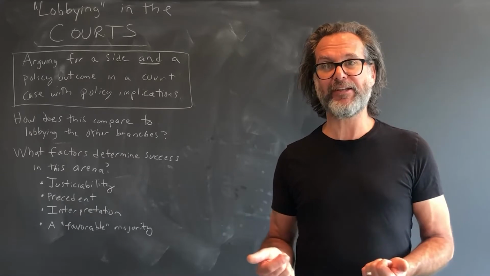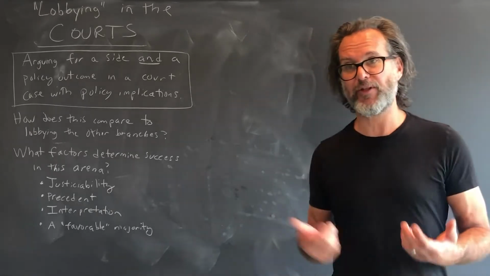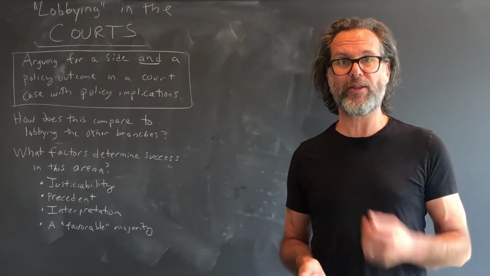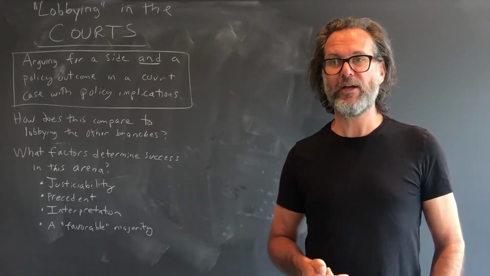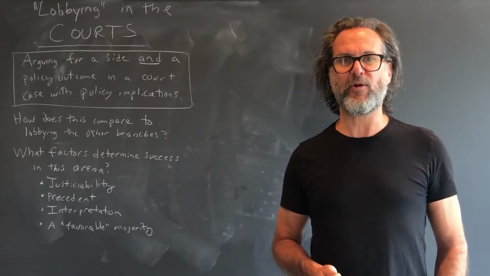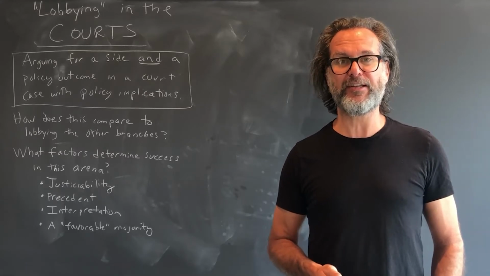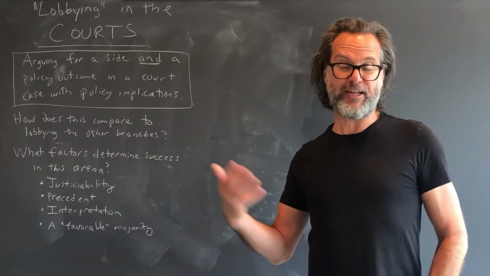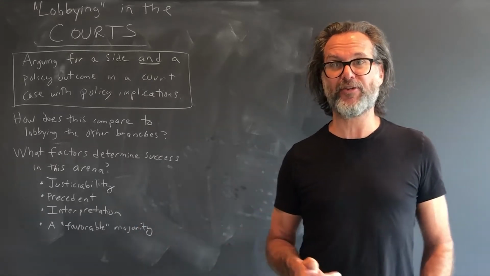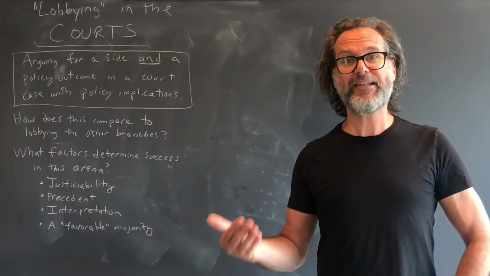And obviously, pushing the executive branch, whether it's the president through an executive order, or political appointees in various kinds of policy-making positions, or political appointees in the independent agencies, that's obviously seen as lobbying, because you're going directly to public officials and asking them to side with you because they have discretion.